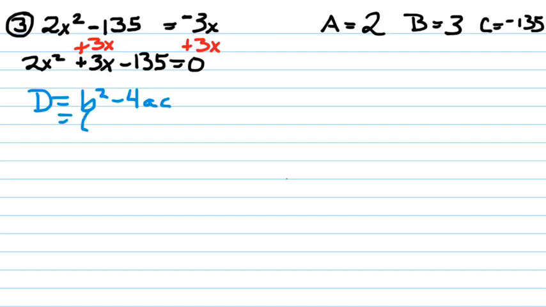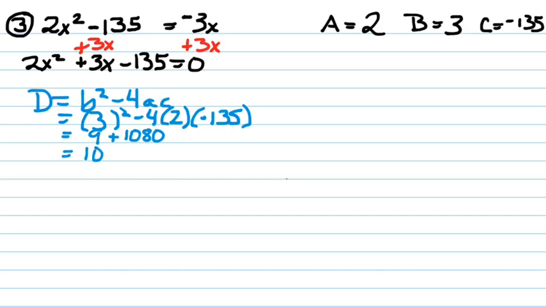And so B squared, that's going to be 3 squared minus 4 times A, which is 2, times C, which is negative 135. So that negative 135 is going to help change the sign in front of it. And so we're going to end up adding instead of subtracting on this one. So we have 9 plus, when we multiply all that out, we get 1080. So we add it together, we get 1089.